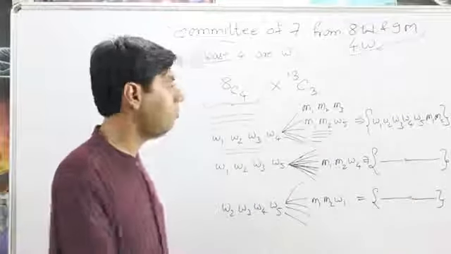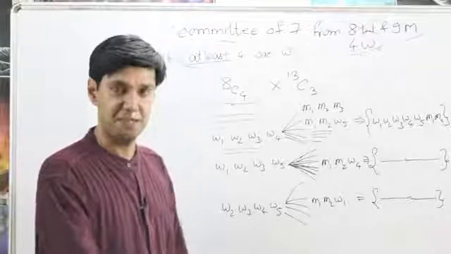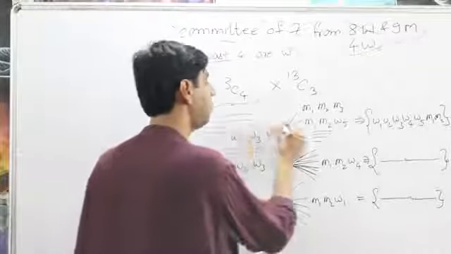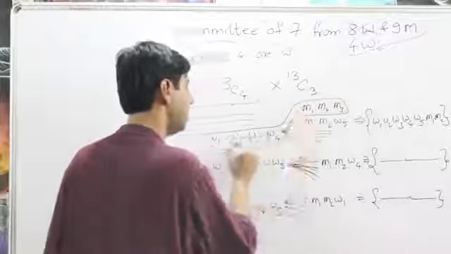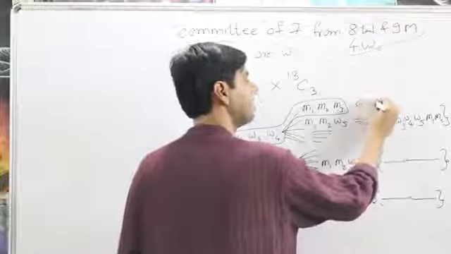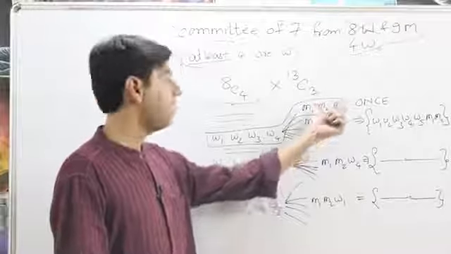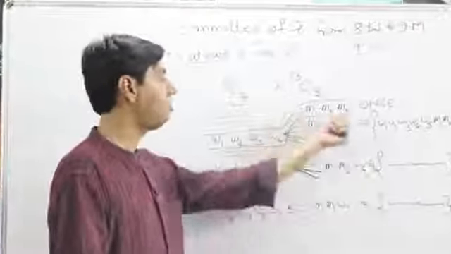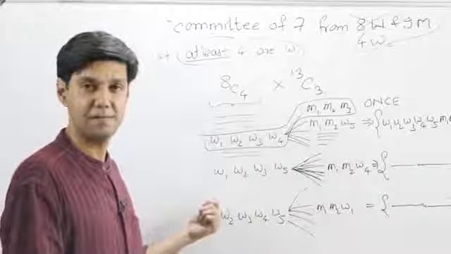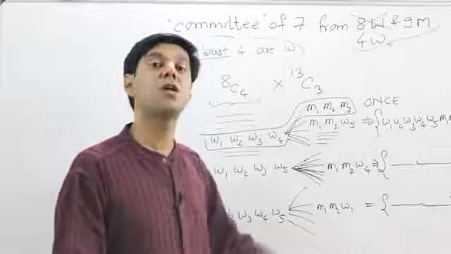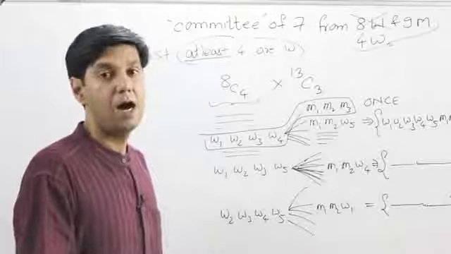One might think, why don't I just correct myself by checking how many times I count it twice? You would not be able to do that, because the first committee, for example, is counted only once. The moment you have man 1, man 2, man 3, you cannot have any one of them in the mandatory pack. So there are quite a few committees which will be counted many times over.